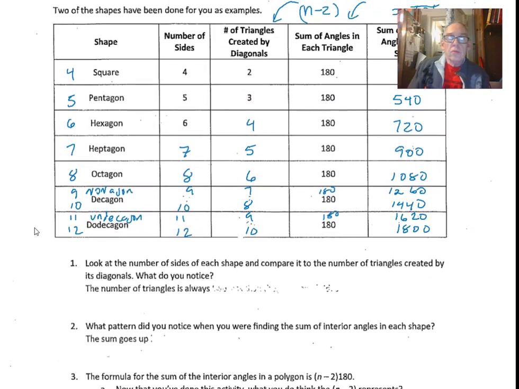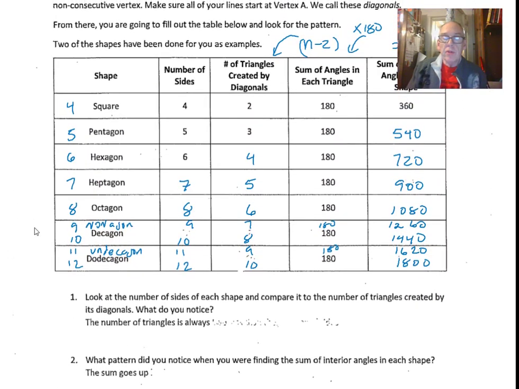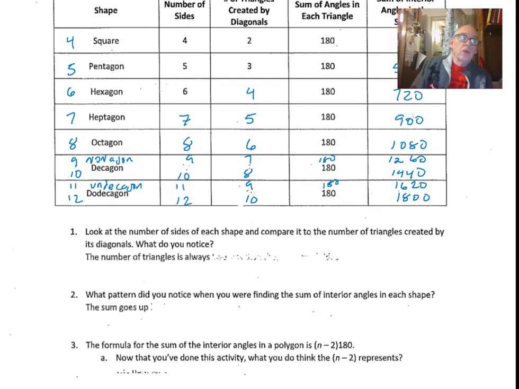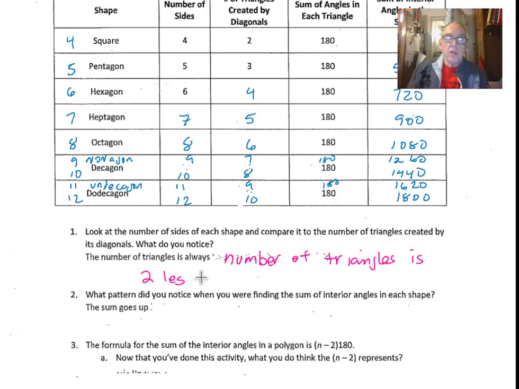Okay, look at the number of sides of each shape and compare it to the number of triangles created. What do you notice? What we should have noticed is that the number of triangles is 2 less than the number of sides.